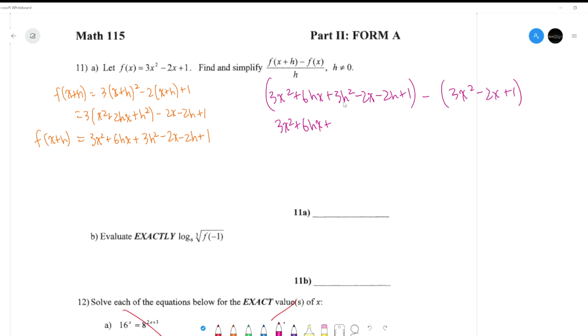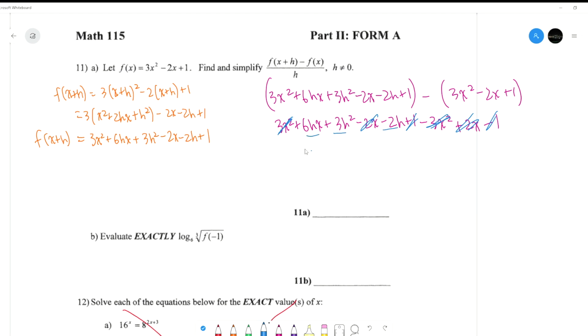But anyway, let's continue. So this is what we get when you distribute. So this is minus 3x squared plus 2x minus 1. And as you can see, 3x squared cancels out with minus 3x squared. Minus 2x is plus 2x, plus 1, minus 1. And then the leftover terms are right there.